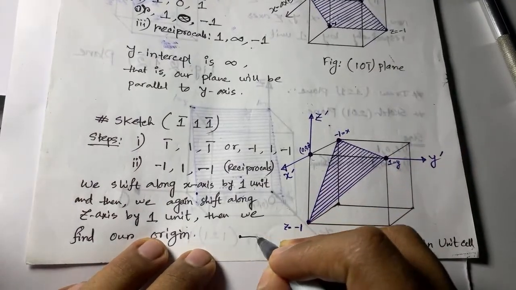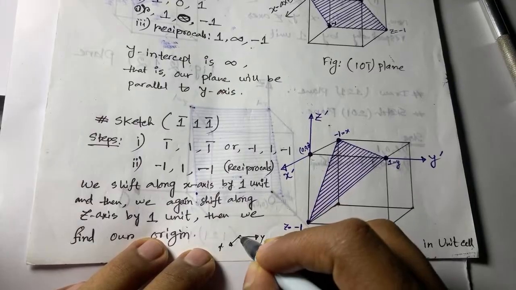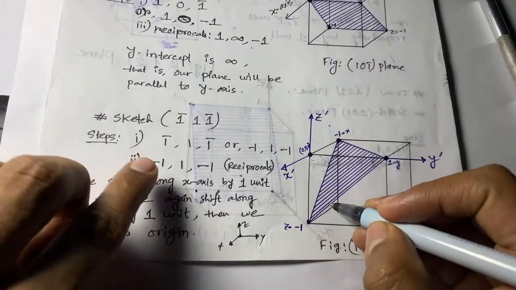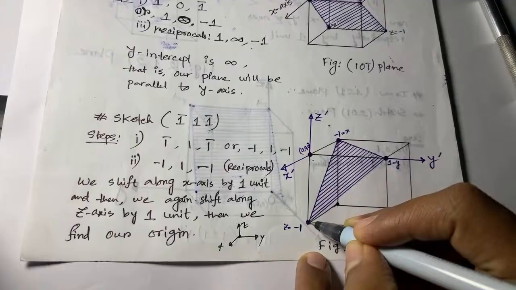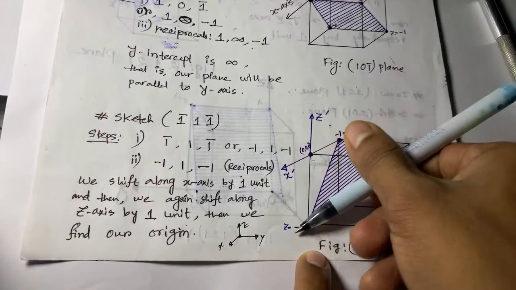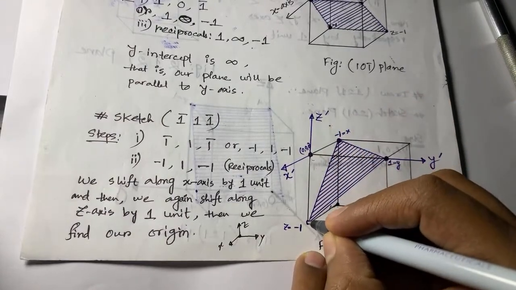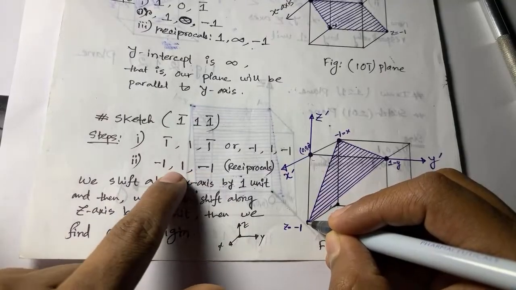Usually this is the y-axis, this is the x-axis, this is the z-axis by convention. The x value is negative, so we shift the origin from here towards the x-axis, right here. So you reach this point, and you can see your z value is negative, not your y value.